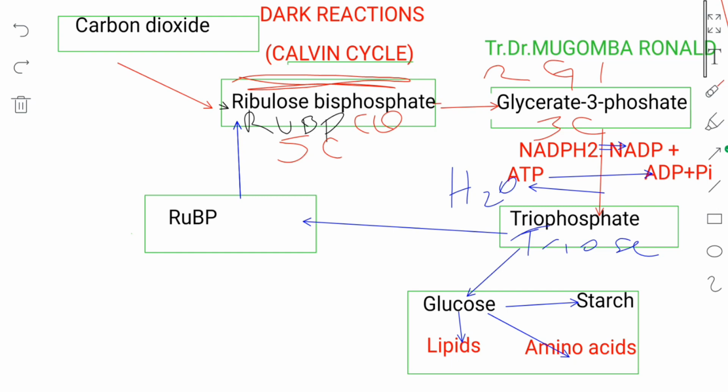This triose phosphate is central for the synthesis of many different molecules. First, it can be converted to glucose. Second, it can be converted to ribulose bisphosphate to regenerate the carbon dioxide acceptor. The glucose formed can be polymerized to form starch, or converted to amino acids or lipids, different molecules synthesized in the plant body.